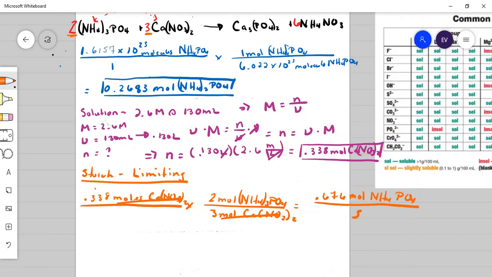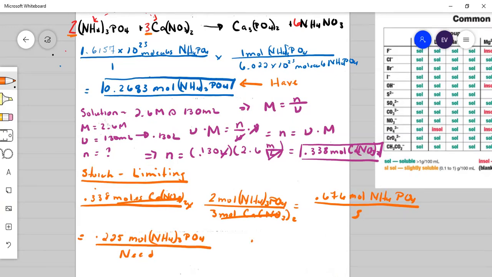That's going to give me a total of 0.225 moles of ammonium phosphate. So this here is the amount of ammonium phosphate that I'm going to need for this reaction. Now, if you look here, this is how much ammonium phosphate you actually have. The amount you got from the question that you converted to moles, that's what you actually have.